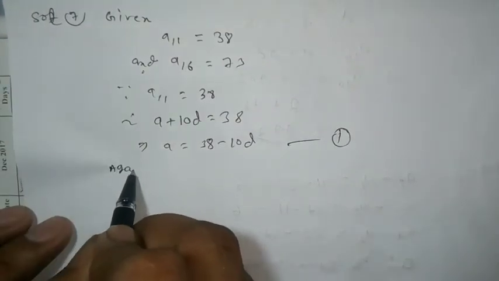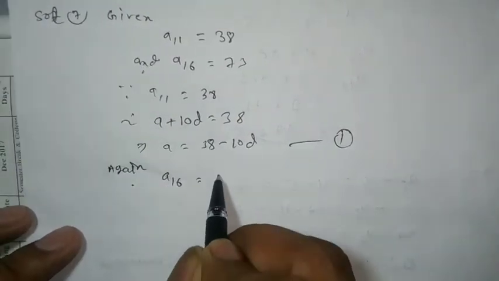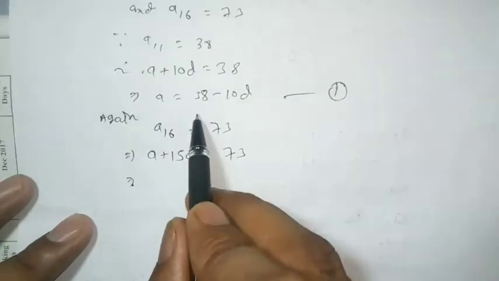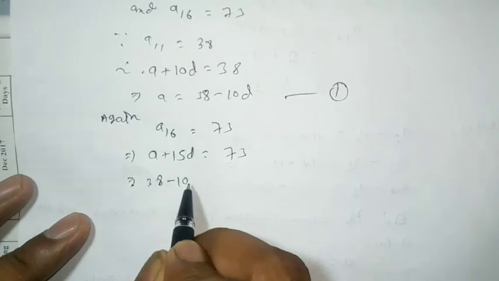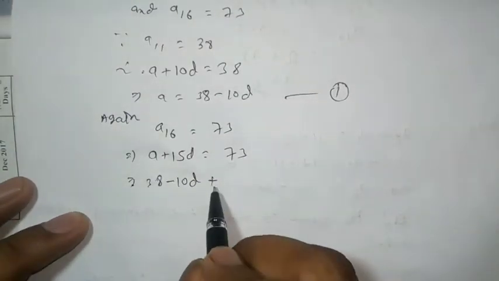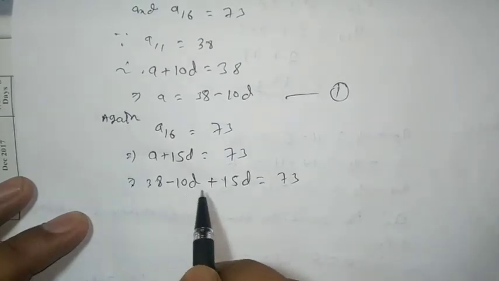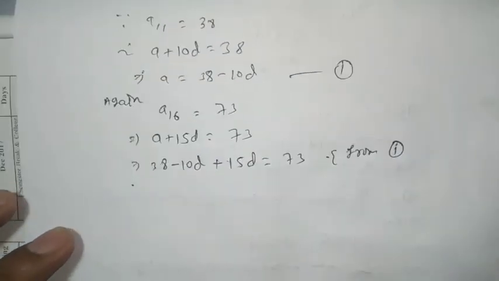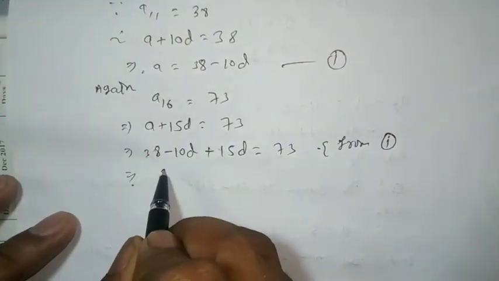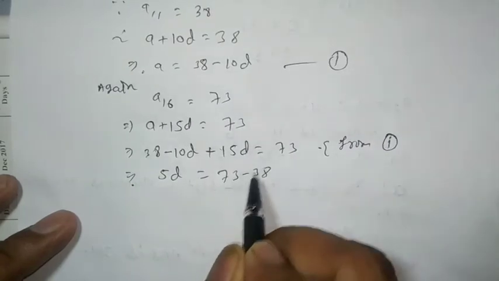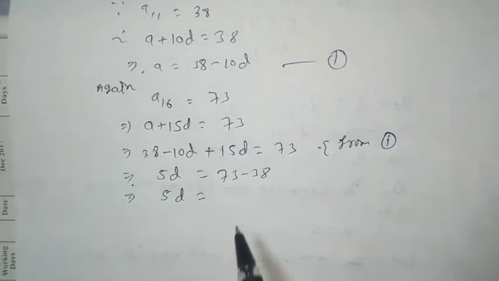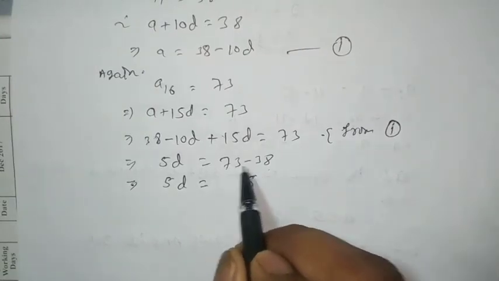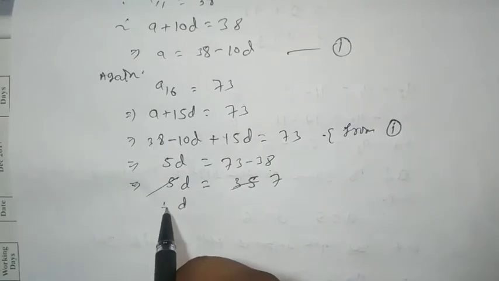Again A16 is equal to 73, implies A plus 15D is equal to 73, putting the value of A from equation 1, 38 minus 10D plus 15D is equal to 73, implies 5D is equal to 73 minus 38, implies 5D is equal to 35, therefore D is equal to 7.